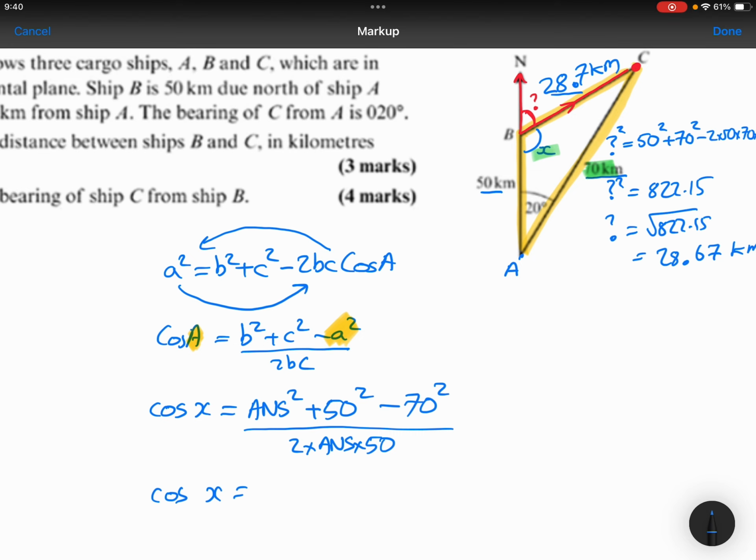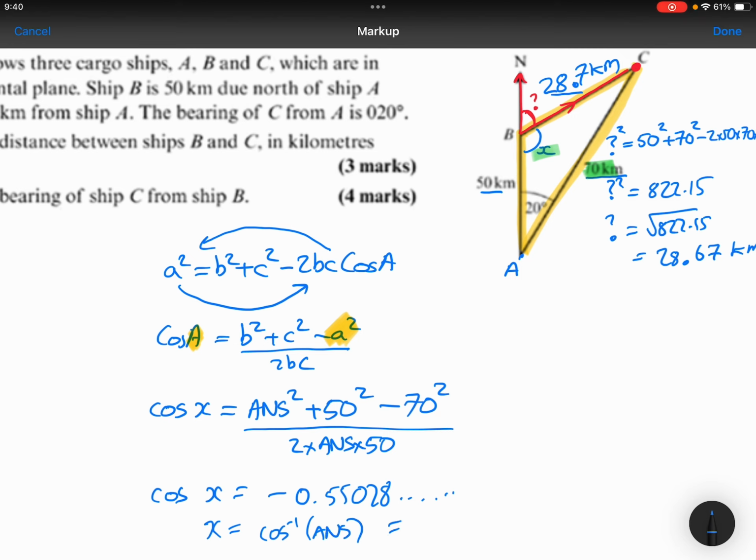So putting that into my calculator display, that gives me minus 0.55028 and so on. I'm then going to do cos inverse of that to work out the actual angle X.